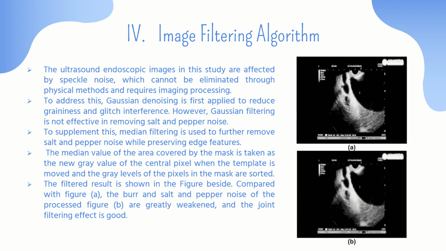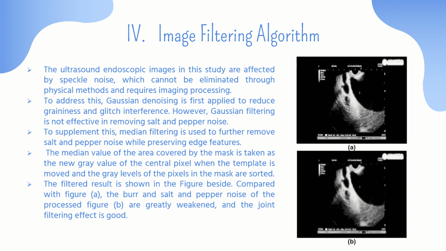In order to reduce the impact of this kind of noise, Gaussian denoising is adopted first, and then median filtering is used. However, this Gaussian filtering cannot remove salt and pepper noise. So in response to this situation, it uses median filtering as a supplementary method to further remove the salt and pepper noise in the image while retaining the edge features of the image.